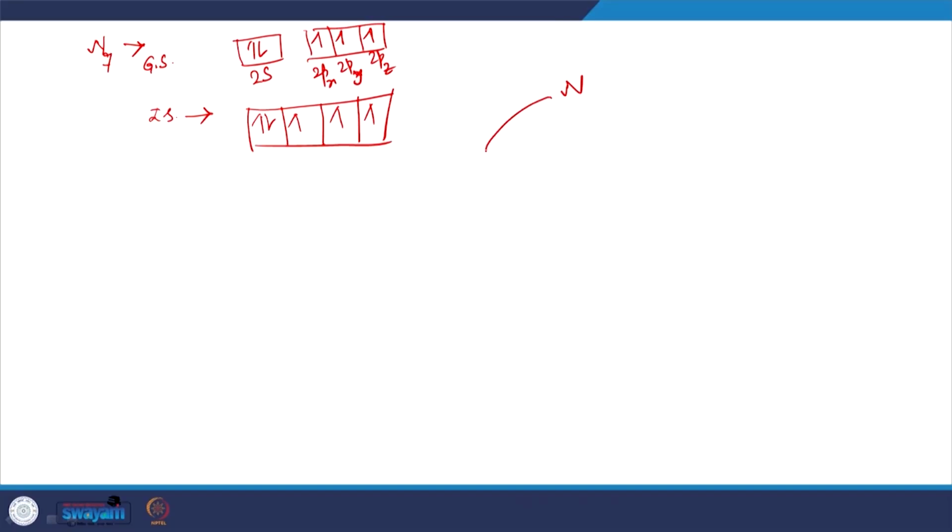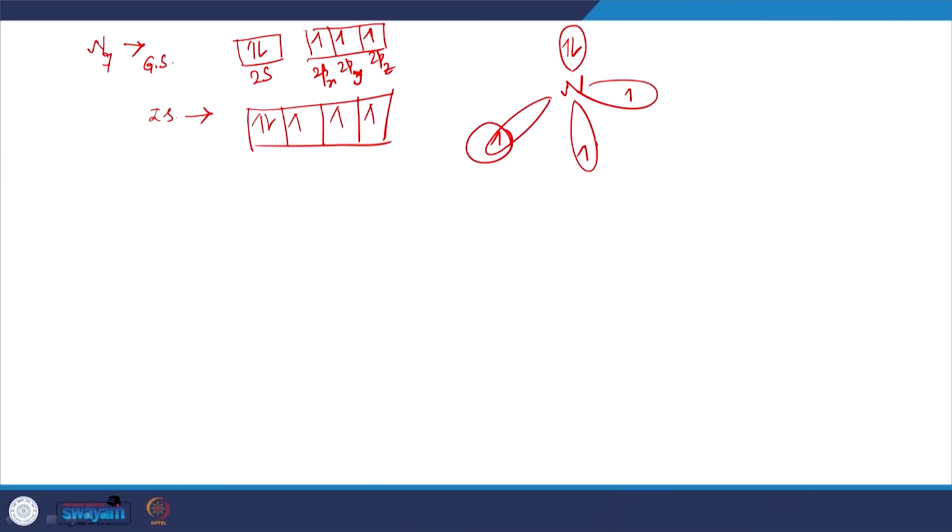So, this is a carbon model, but I have introduced a lone pair here. The nitrogen would have 3 orbitals with single electrons and one lone pair. The single electrons would form covalent bonds with hydrogen, and that will give NH3.